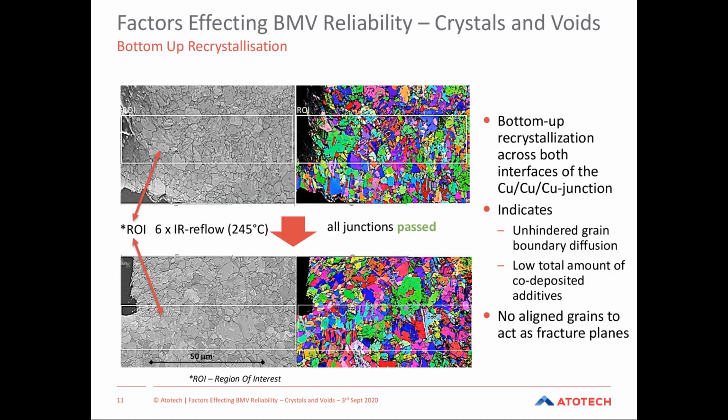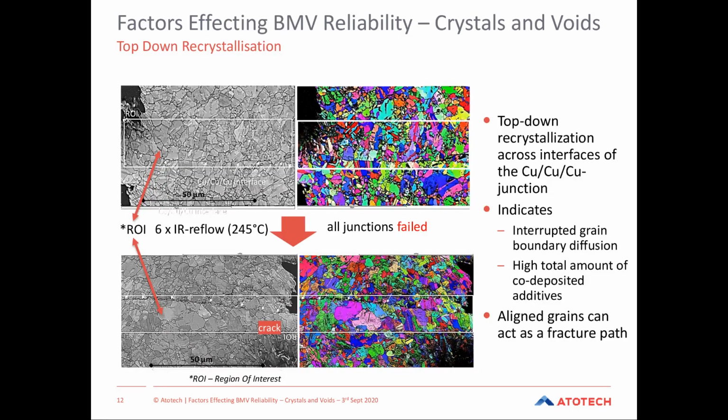So everything that's green has the same crystal orientation as everything that's blue and purple and so on. And what you can't see again there is any alignment of grain boundaries. So this bottom-up recrystallization mechanism is truly random based on the substrate underneath it, but it's giving very good joint reliability in terms of thermomechanical performance of microvias.